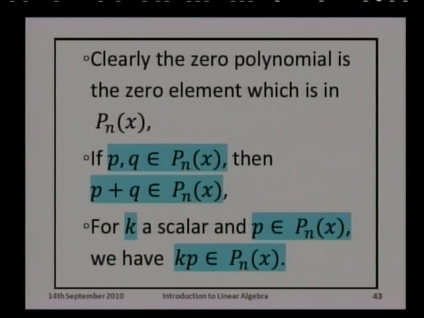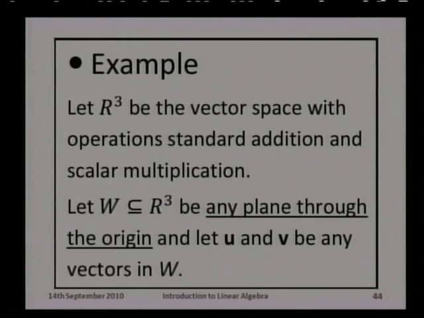Clearly, the 0 polynomial is the 0 element which is in Pn(x). If p, q belong to Pn(x), then p plus q belongs to Pn(x). For k a scalar and p in Pn(x), we have kp in Pn(x), and therefore it is a subspace. The 0 element is there, the sum is there, and scalar multiplication is there.